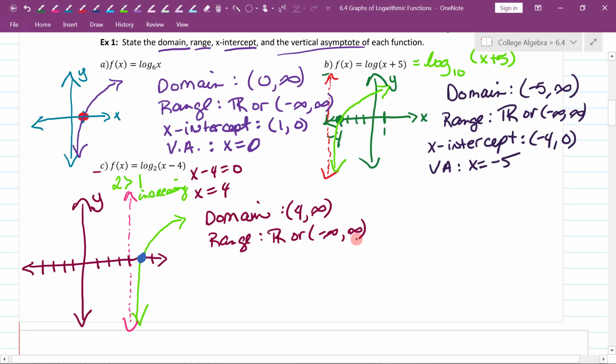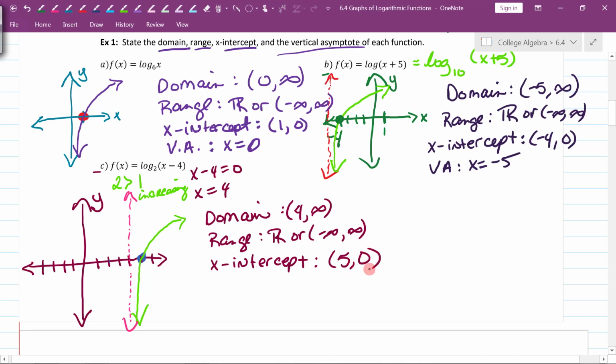Next, we need to look at our x-intercept. And our x-intercept is going to be the point right here. So it's 1, 2, 3, 4, 5. So it's the point 5, 0.